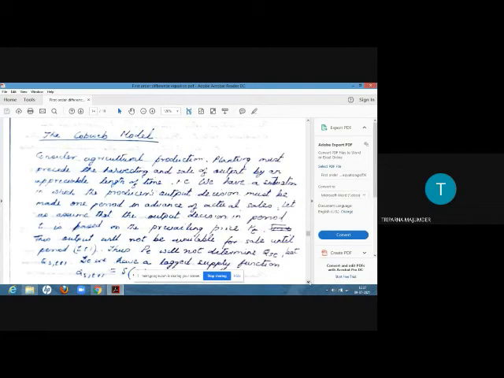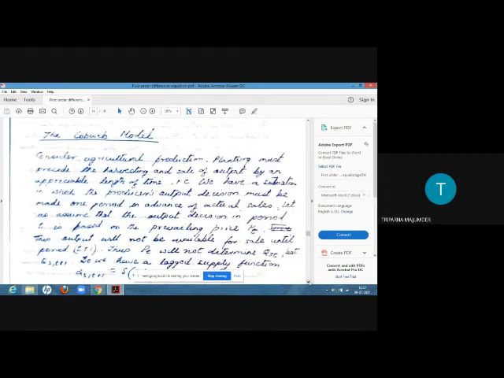So consider agricultural production. Now, planting must precede the harvesting and sale of output by an appreciable length of time. That is, we have a situation in which the producer's output decision must be made one period in advance of actual sales.